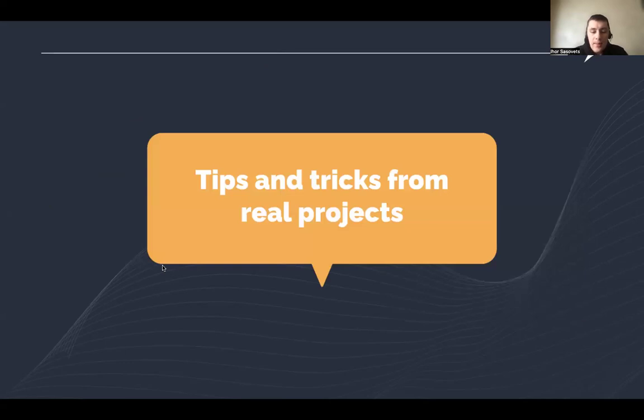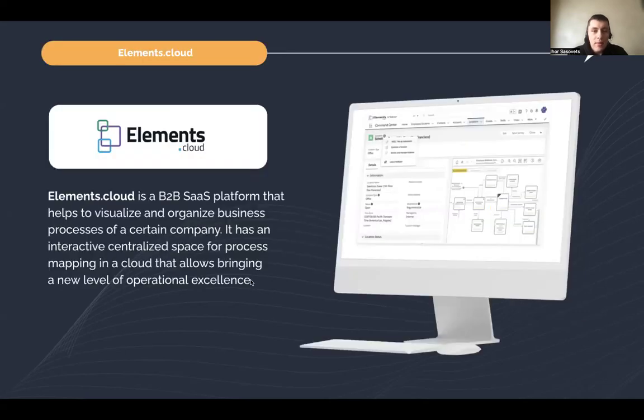Now, if you are talking about some tips and tricks that I had from real projects where we had the chance to implement this solution, one of them is Elements Cloud, a B2B software as a service platform that helps you to visualize and organize business processes.